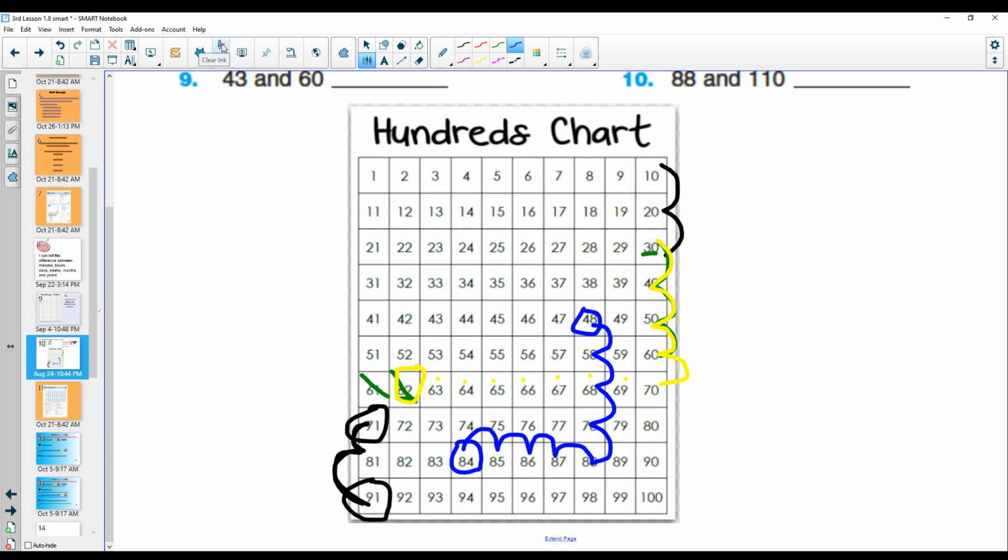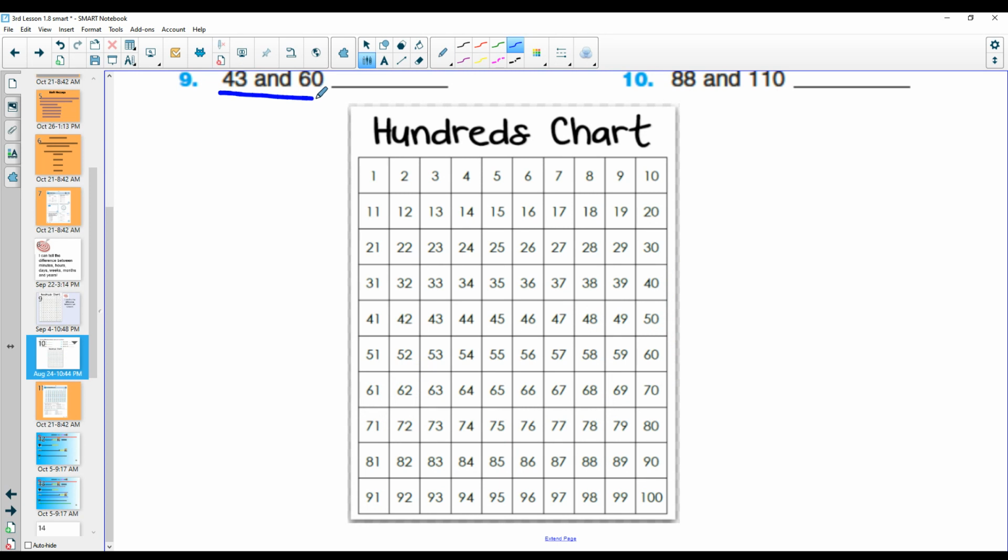One thing that I wanted to tell you is if I was going to find the difference of 43 and 60, and I know 43 is here and 60 is here, I am taking a shortcut by counting by tens and then by ones. I really could count by ones all the way. It would just take me a long time. 1, 2, 3, 4, 5, 6, 7, 8, 9, 10, 11, 12, 13, 14, 15, 16, 17.